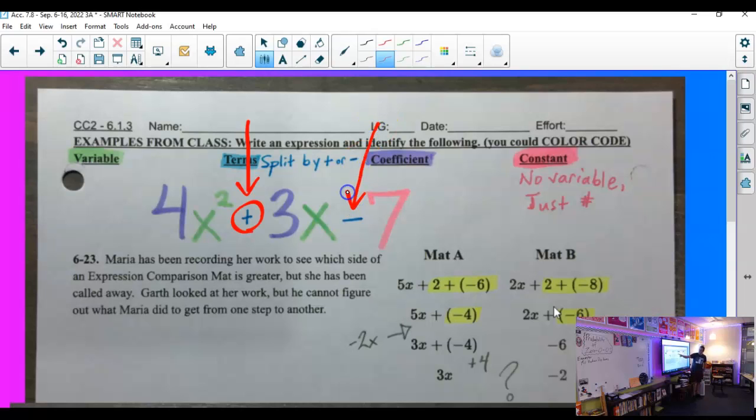Then minus, now I could write that as plus negative 7. But that makes us have how many terms up here? How many terms does this have? 1, 2, 3. So then you should write that down as an example.